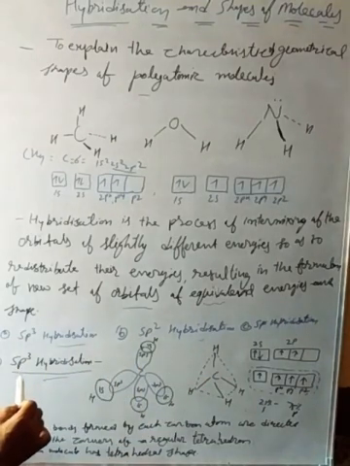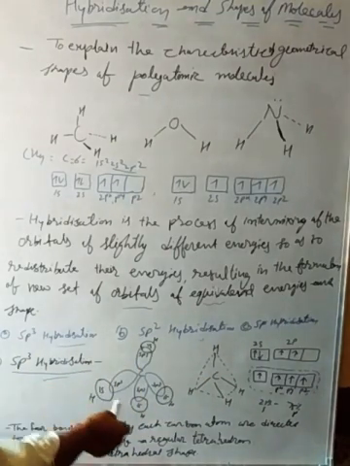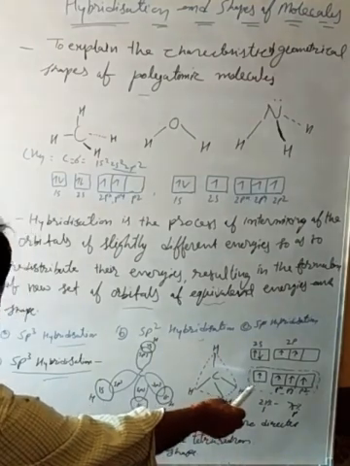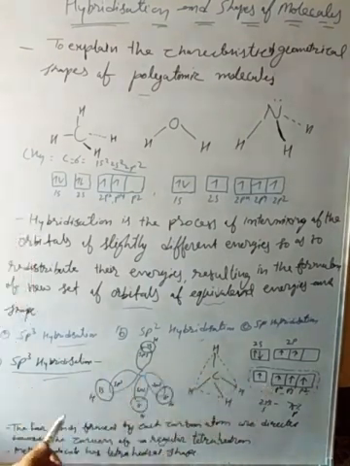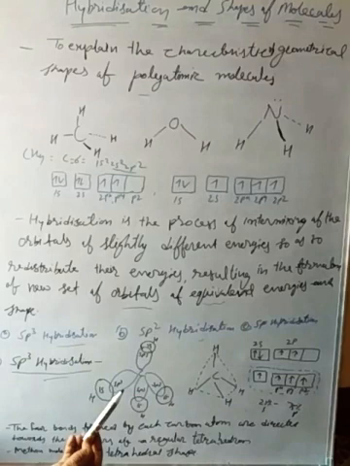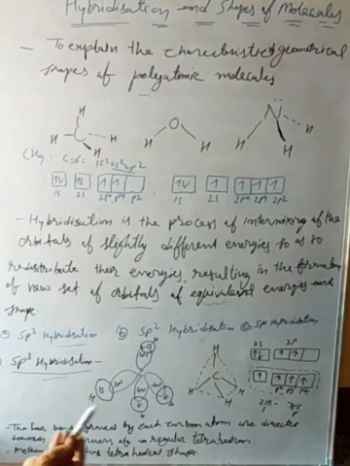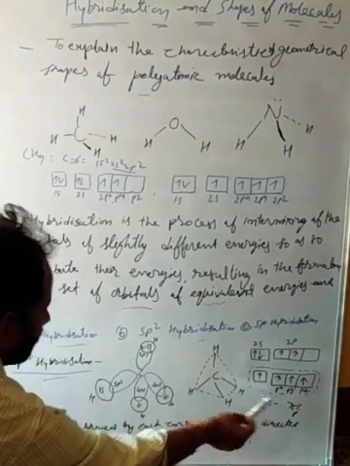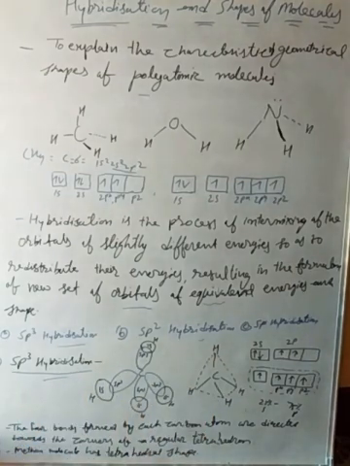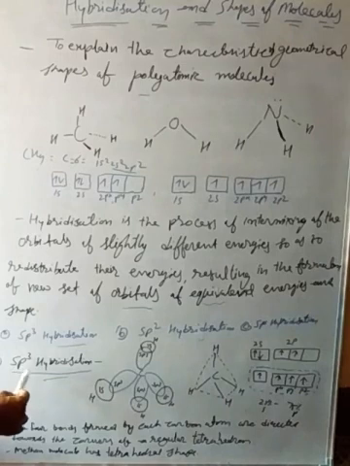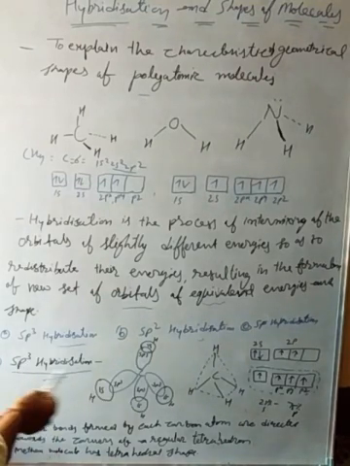That is sp3 hybridization: one s orbital and three p orbitals intermix and form orbitals of equivalent energy. sp3 means 25% s character and 75% p character. That's why it is called sp3: 1 is s and 3 are p.